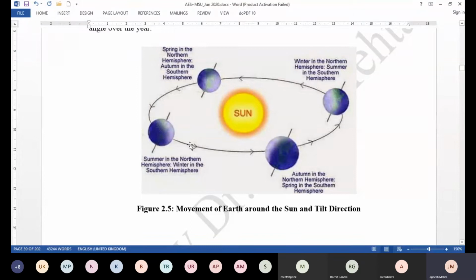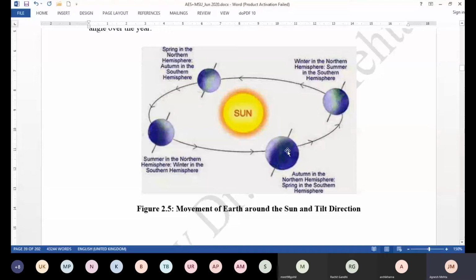Now the earth is moving around the sun, and you come to this point. So you are moving from June, July, August, September. So now you are at autumnal equinox. So from now onwards, the winter will start, right?